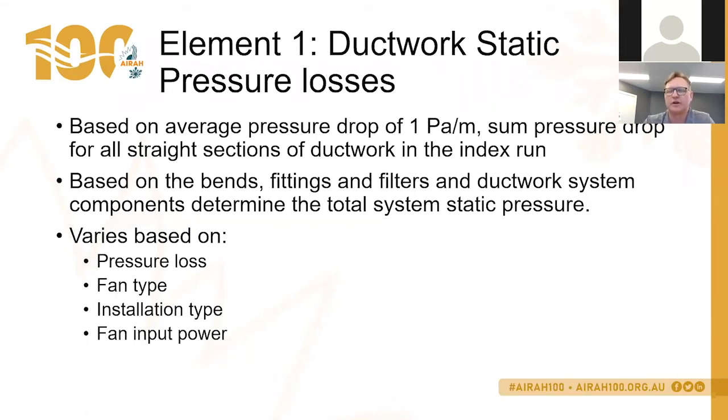So also note though, when using a system-based approach, the ductwork pressure loss can be higher than the allowance in the code, and you can use a much higher efficiency fan, and the fan can compensate for losses in the ductwork. And vice versa. You can have a low efficiency fan and that can be compensated for by the ductwork pressure loss being very low.